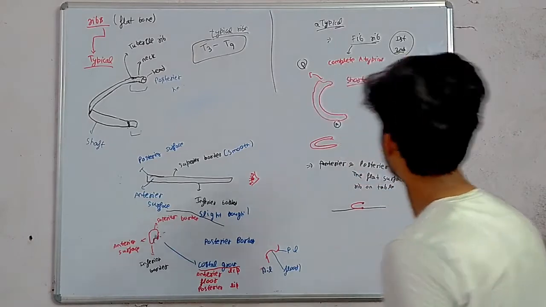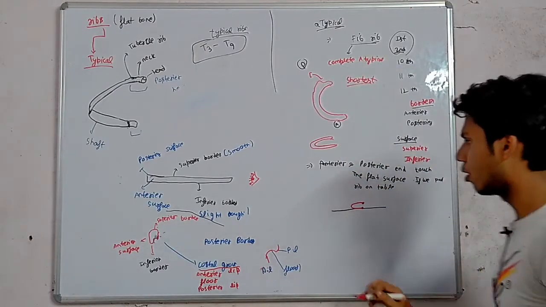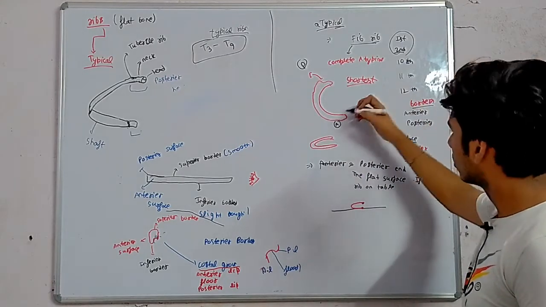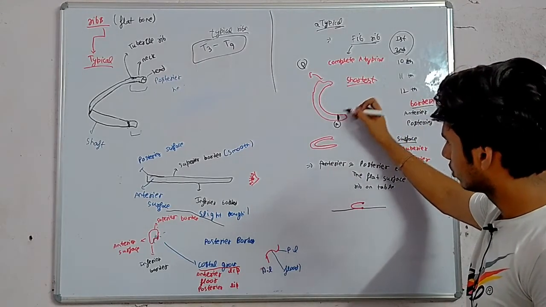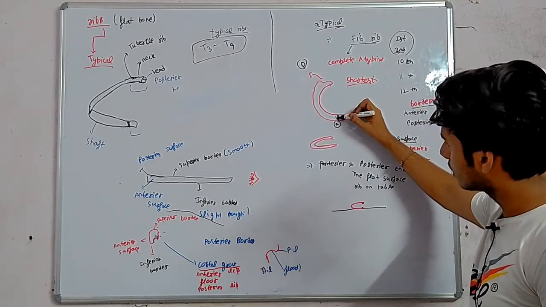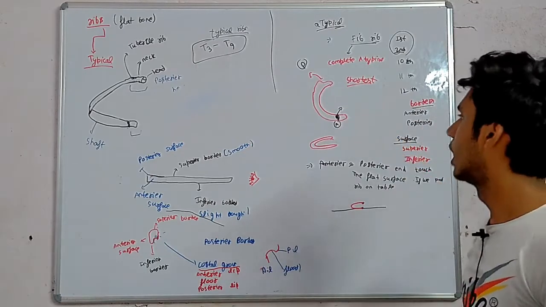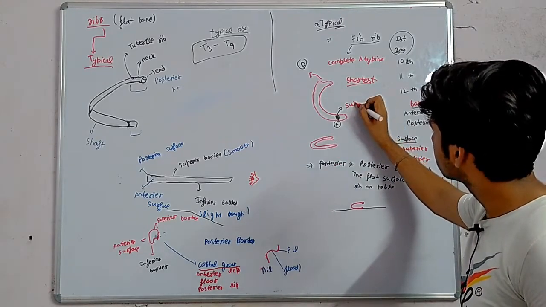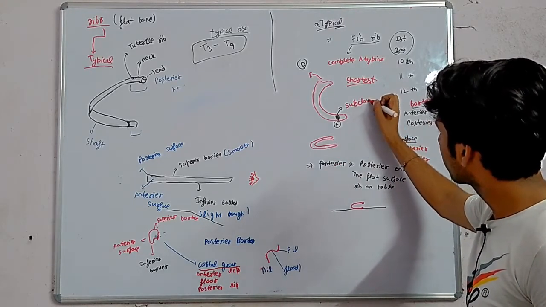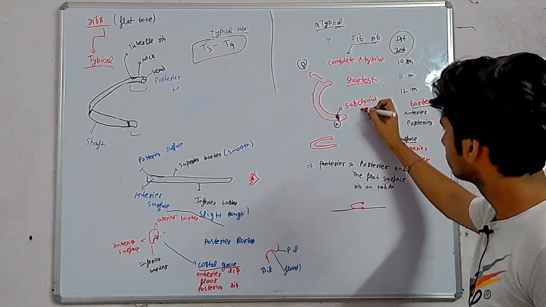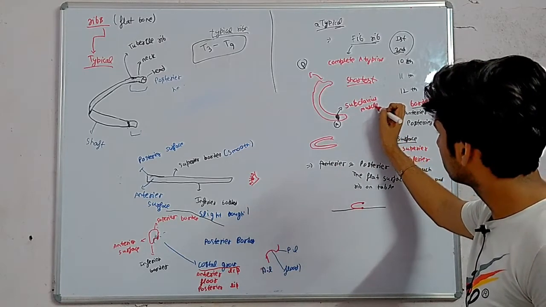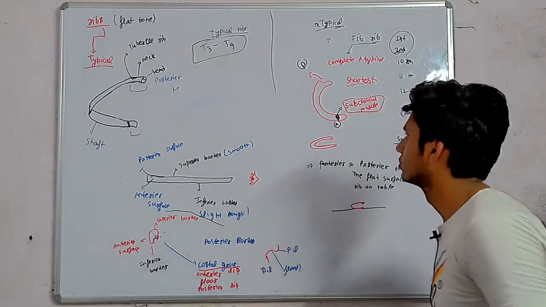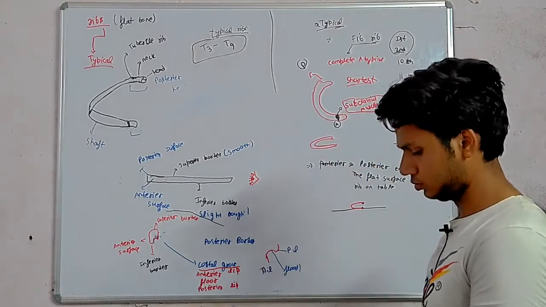Now, some important attachments. First, the costal cartilage is here.